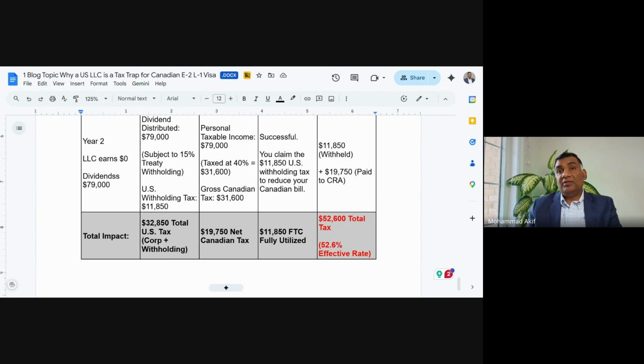Only on the US side, you make it a corporation, and you are able to match the taxes of that LLC the same on the Canadian side and the US side.